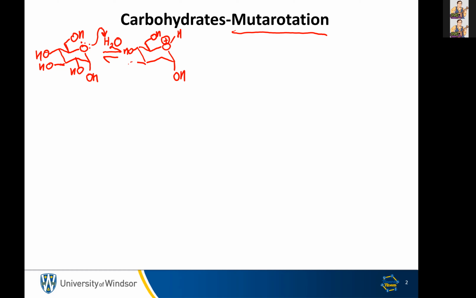Well, interesting for carbohydrates. We protonated an oxygen. That's just turned it into a decent leaving group. So we're going to get cleavage of that C1 oxygen bond.